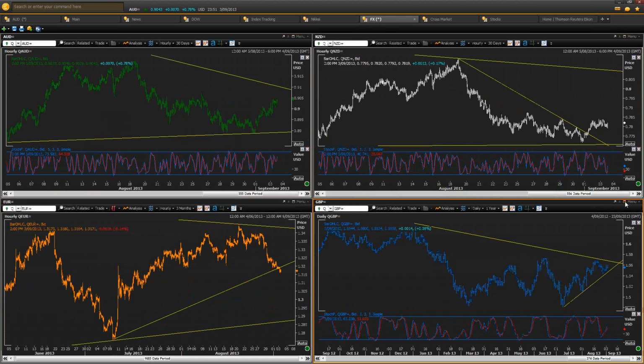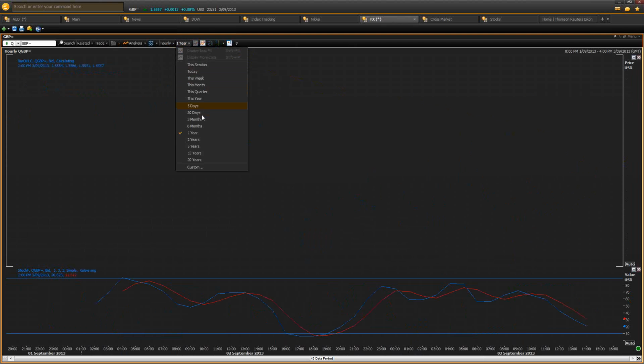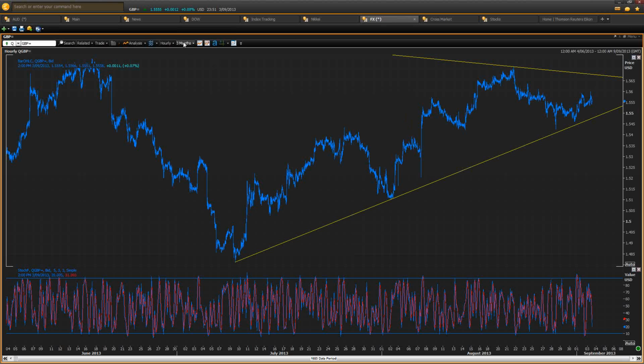Coming across here to sterling, and sterling is very similar to the Aussie dollar. Basically, we're seeing the usual spike up and a little bit of sideways activity. But what we do have is resistance on the top side and support on the downside, something to really work with. We're on the daily chart there, and if you go back into the hourly charts, it gives us the levels a bit more.